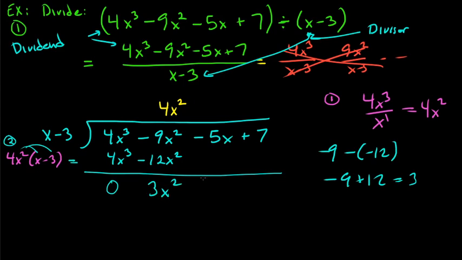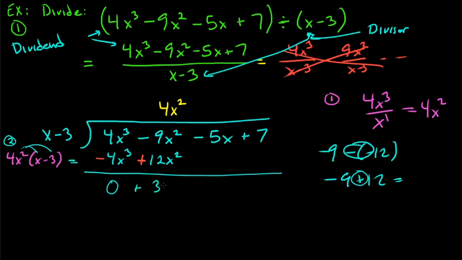So yeah, confusing. Here's my suggestion. What we did here is we took the double negative, two negatives make a positive. So I would flip all the signs. Instead of a positive 4, make it a negative 4. Instead of a negative 12, we make it a positive 12. Now we're not subtracting, we're just adding. 4 plus negative 4 is still 0. Negative 9 plus 12 is positive 3. So positive 3x squared, except it should be in blue.